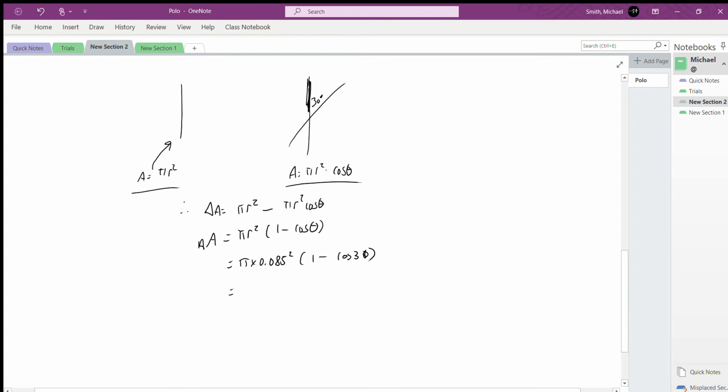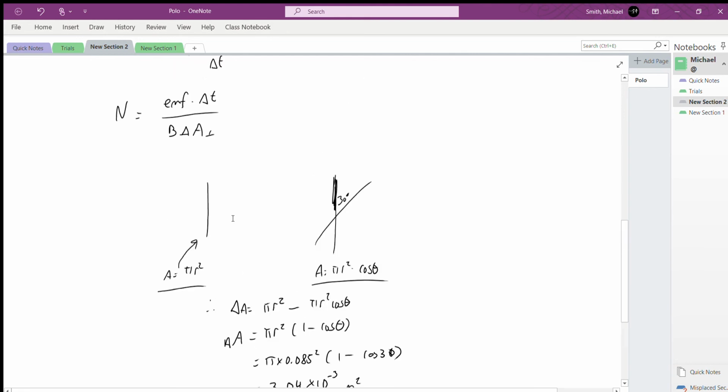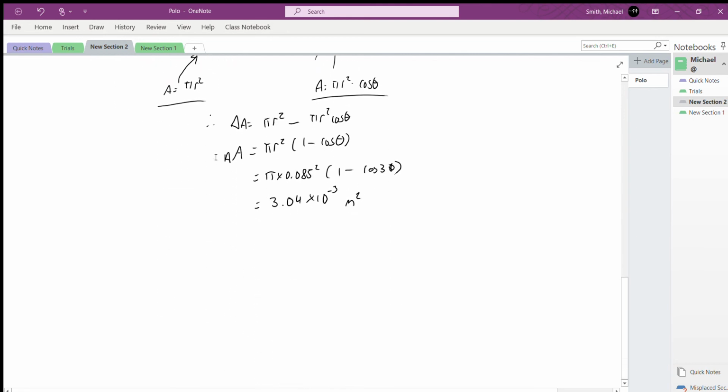And if we substitute that into our calculator, we should get 3.04 times 10 to the power of minus 3 meters squared.